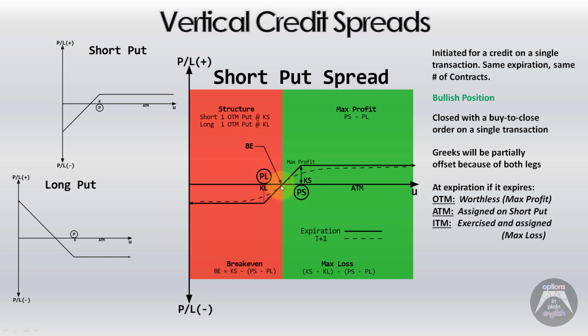And since it's trading at a price that's lower, you're going to be realizing a loss here. But this loss is going to be offset by the credit that you received initially. So you have to look at your break even and see whether you made money or you lost money.